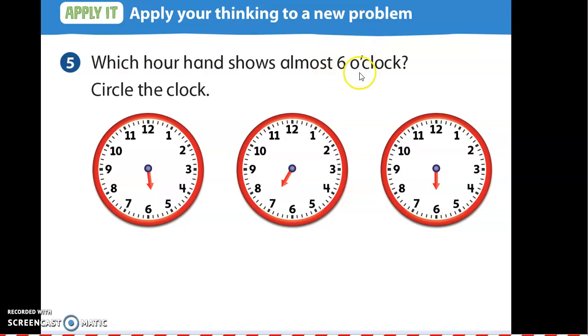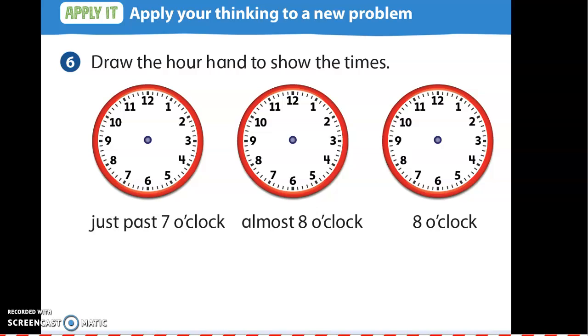It said almost 6 o'clock. Let's look at this one. This one is maybe a tick or two before the 6. Well, it's almost 6, so it's almost to the 6, but not quite yet. Clock number 1 tells me that it is still in the hour of 5, but it is almost 6 because that hour hand is almost on the 6.